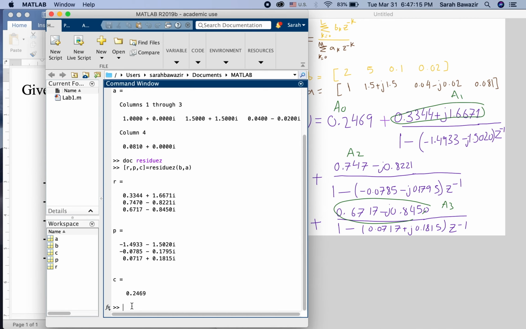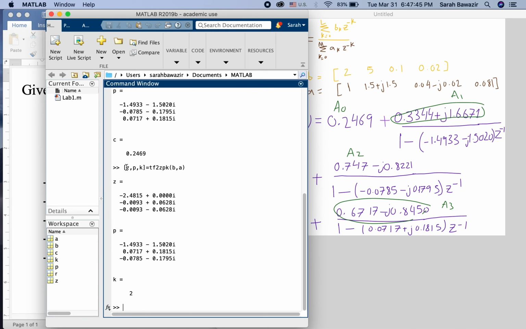Sorry, my MATLAB stopped working for a while, now it's back. The other function is used this way: zeros, poles, and the gain equals transfer function to zero-pole-gain given b and a.